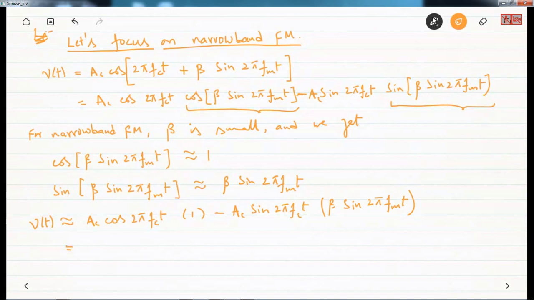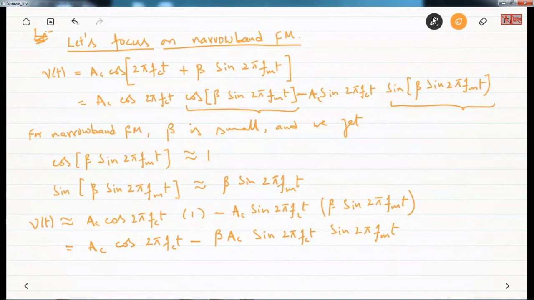So I can write this as Ac cos 2 pi fc t minus beta Ac into sine 2 pi fc t into sine 2 pi fm t.